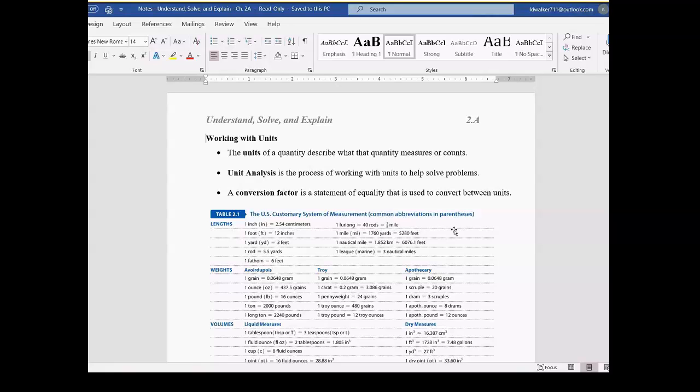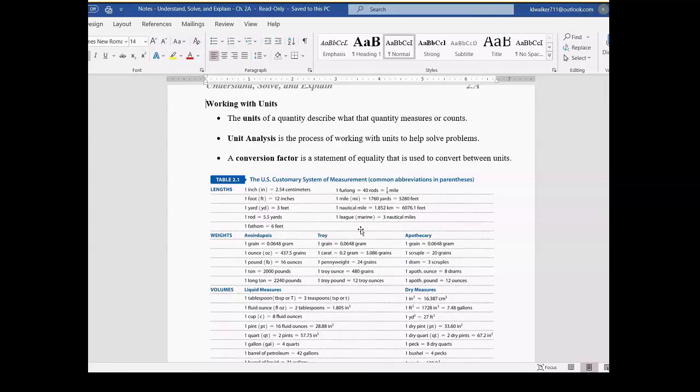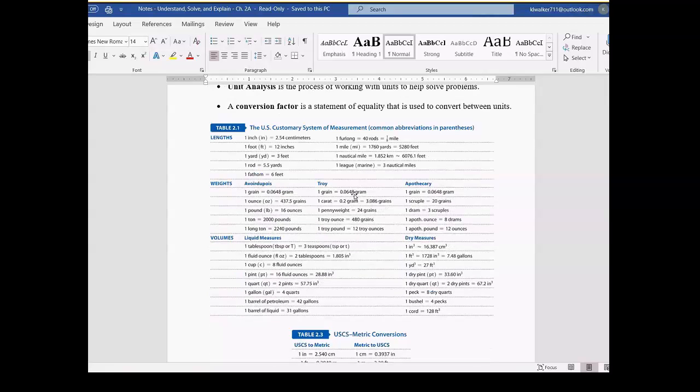So if you're unfamiliar with some of these conversions, make sure you take a look at this when you're working with your homework. For example, if they ask you something about a furlong and you don't know what that is, there are some obscure ones here that you could look up. You could also just do a Google search if you're not sure.